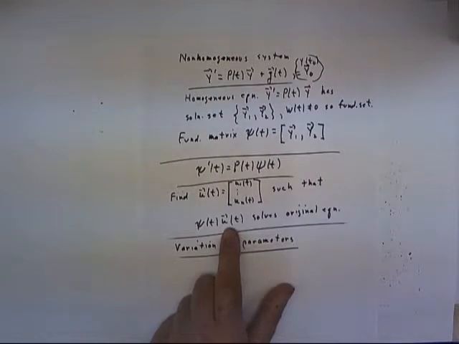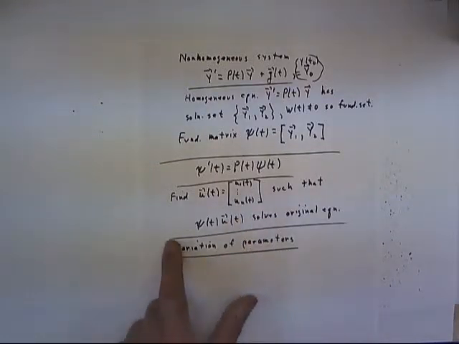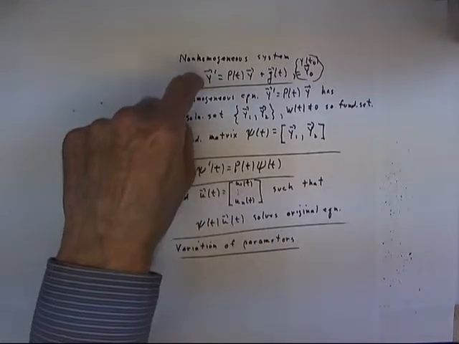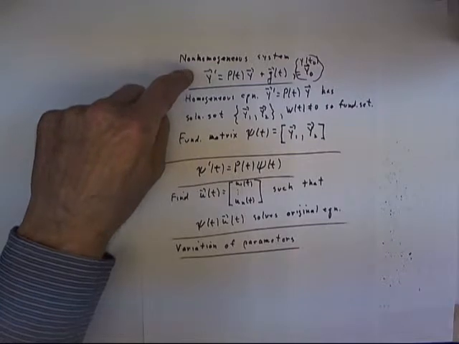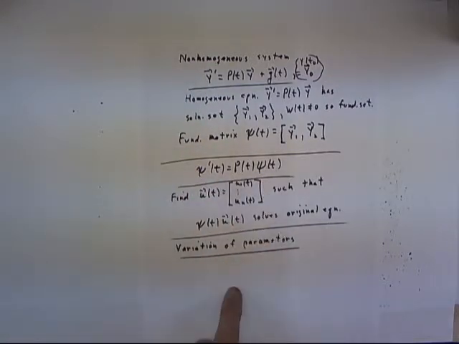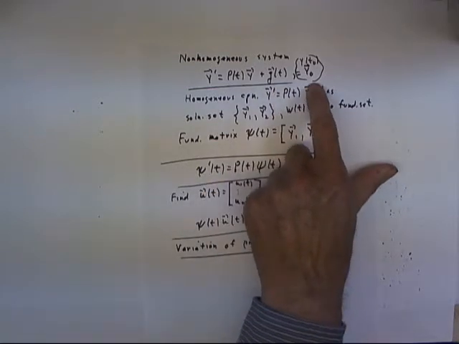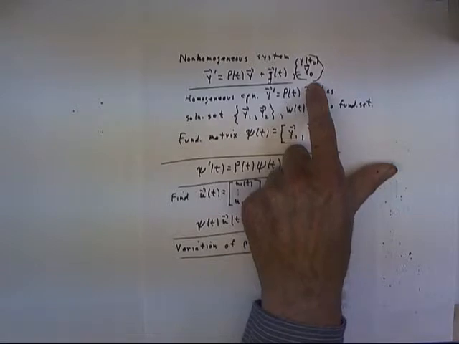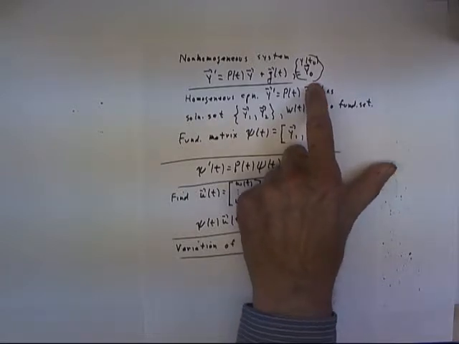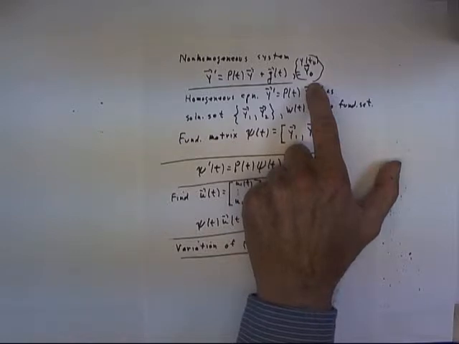So we're trying to find a parameter vector, which consists of a set of parameter functions that satisfies this equation. That will form a particular solution. Adding that particular solution to our general solution is going to give us the general solution to the equation, and we can apply the initial conditions. Now actually, in this case, we're going to just do an integration that incorporates the initial conditions, but it comes down to the same thing.